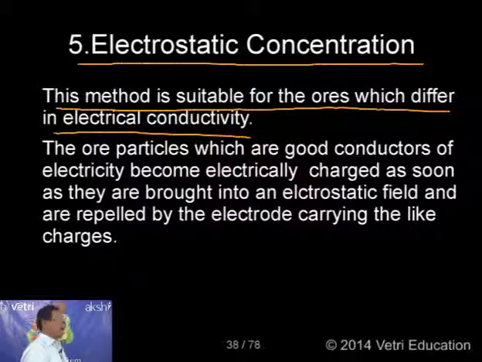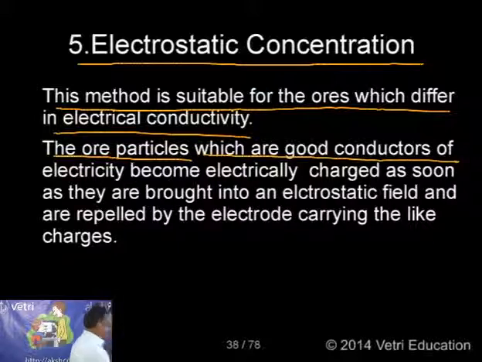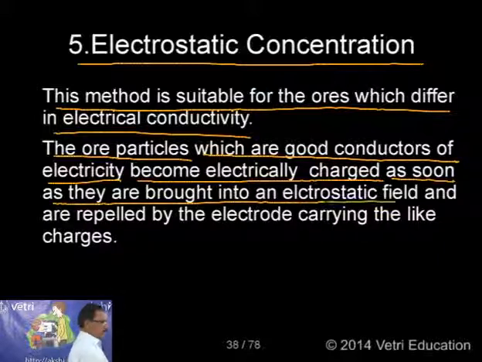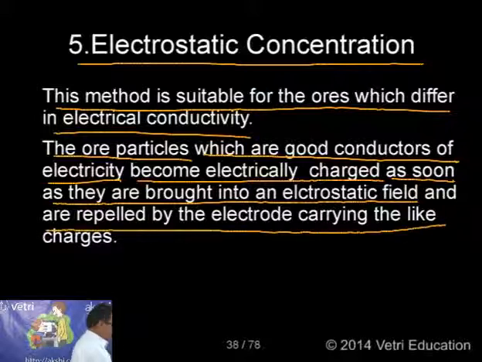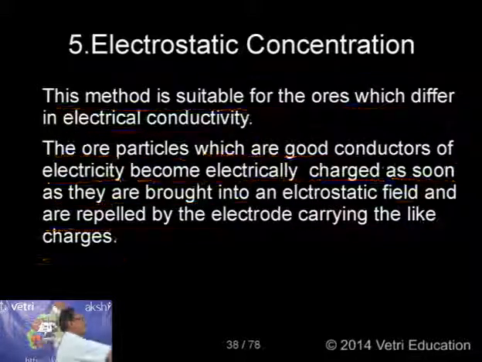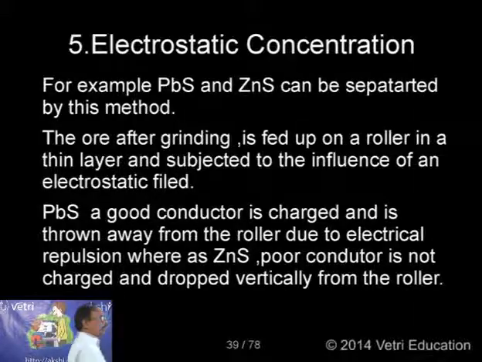The ore particles which are good conductors of electricity become electrically charged as soon as they are brought into an electrostatic field, and are repelled by the electrode carrying like charges. So this is the way we can separate the ore from the gangue.